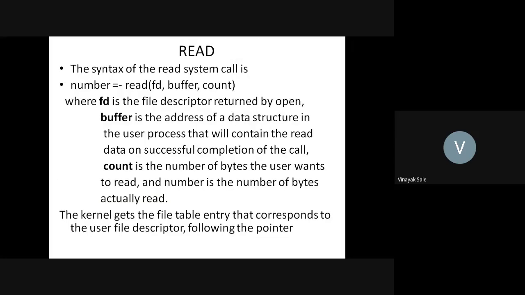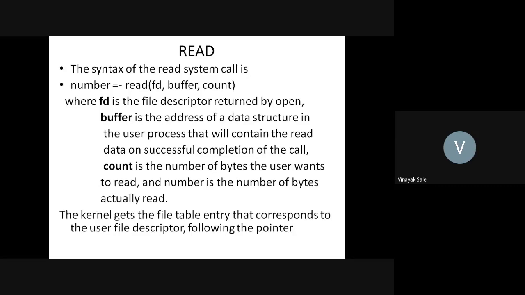Then the next system call is read. The syntax of the read system call is number = read(fd, buffer, count). Fd, buffer and count are the parameters of the read system call, where fd is the file descriptor returned by open.